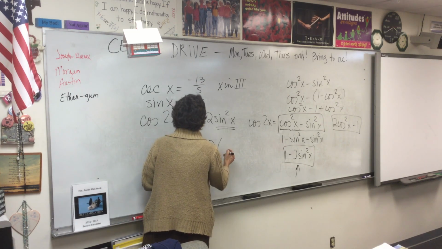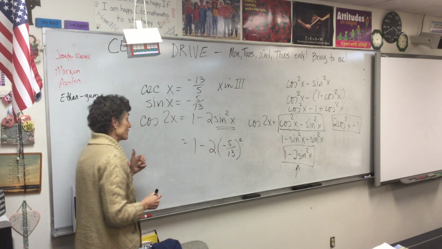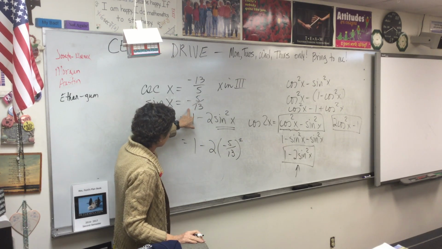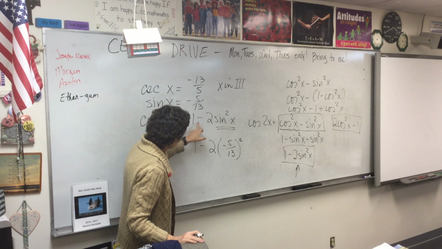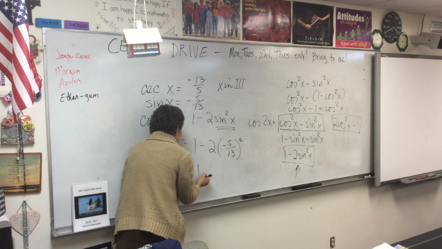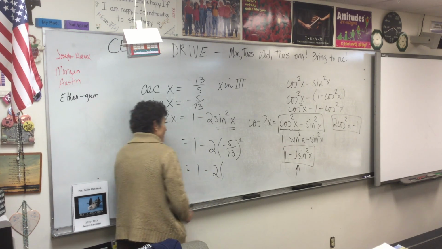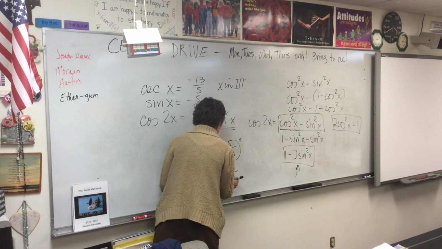1 minus 2 times negative 5/13 squared. That's what this means. The sine is negative 5/13. So I have 1 minus 2 times negative 5/13 squared. All right, what's 5/13 squared? 25 over 169.